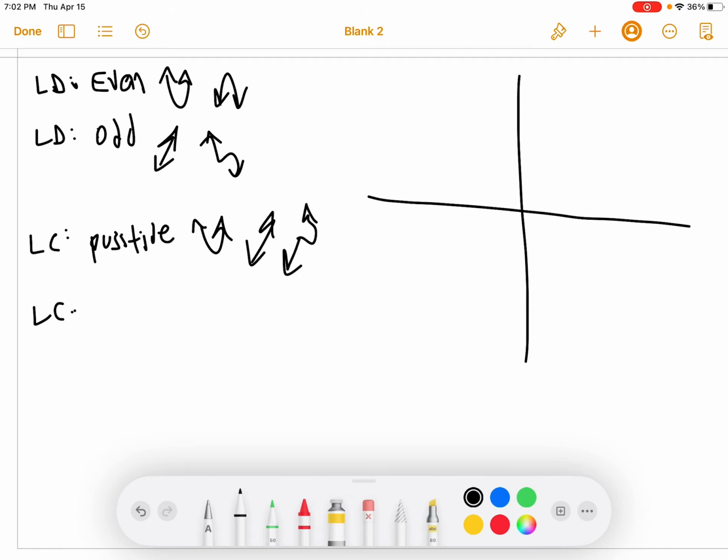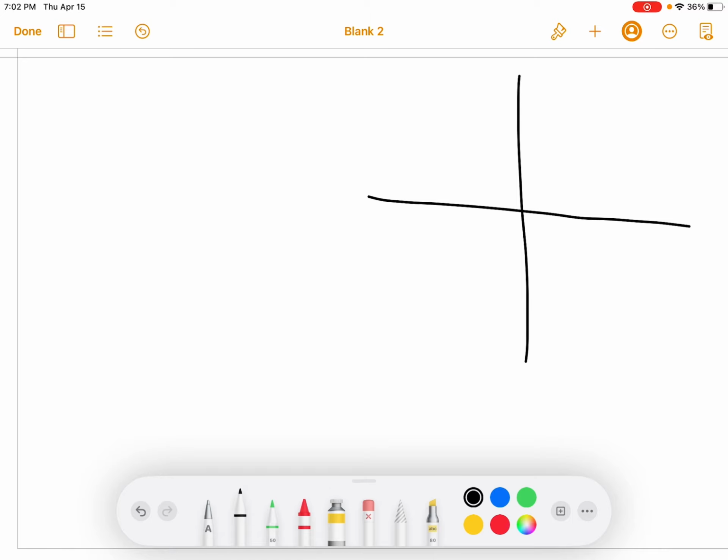But let's see end behavior. So what is end behavior? That's kind of like a deceiving name because it doesn't really have to do with just the end of something, but it just means as the x values go to negative infinity, what do the y values do?